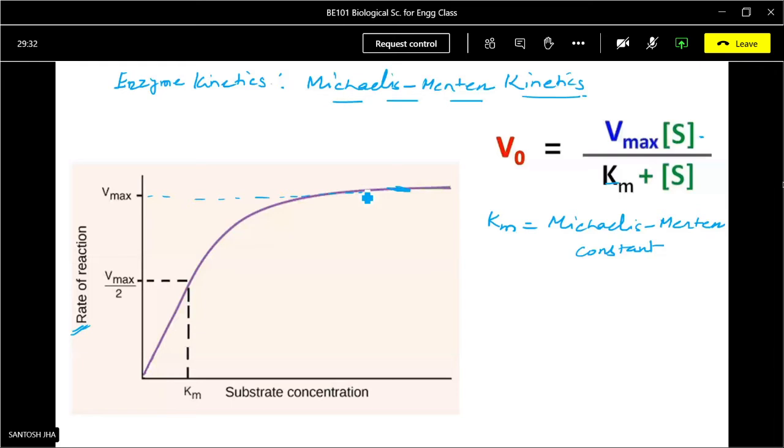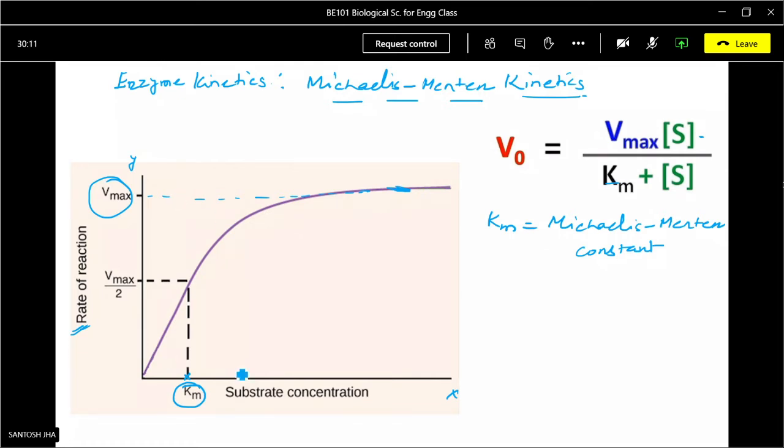If we find the corresponding value on the substrate axis, the x-axis, at half of the Vmax, this value is numerically equal to the Km value, the Michaelis Menten constant. So Km is the substrate concentration at which the rate of the enzyme catalyzed reaction will be half of the maximum rate of the reaction.